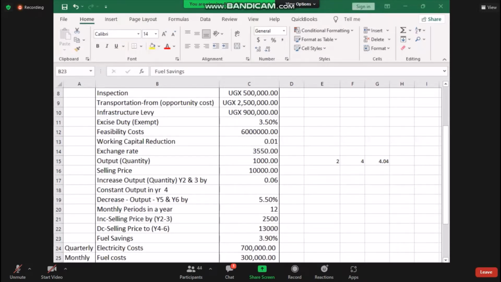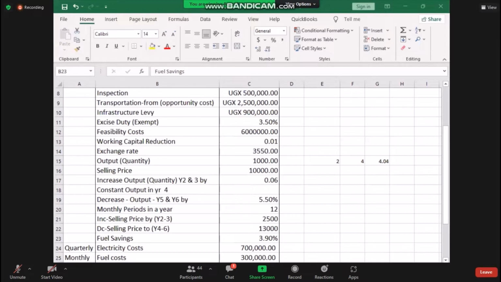They are telling us here that the fuel saving, actually it's supposed to be fuel saving, not monthly.